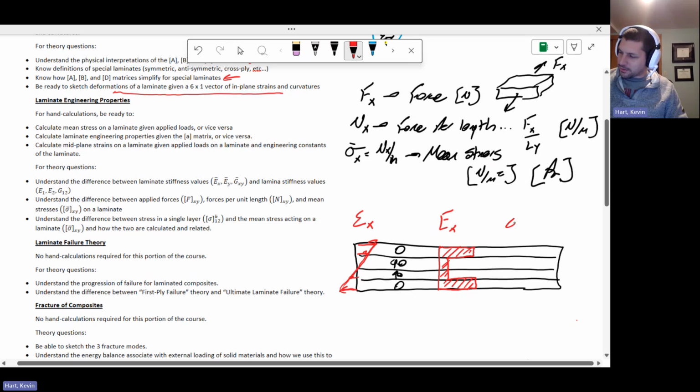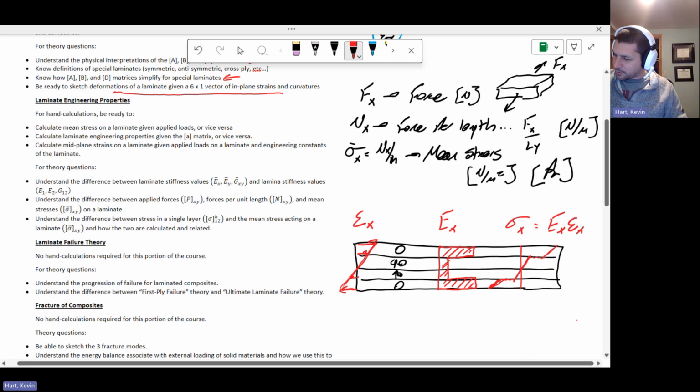And we know that the stress that develops in each layer is the elastic modulus times the strain. So when we think about what the stress distribution looks like here, we have some linear situation going on, but as you get further away from the center, you're going to start running into those zero layers, right?